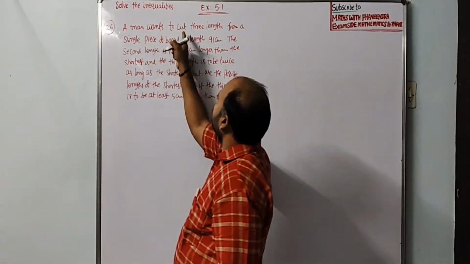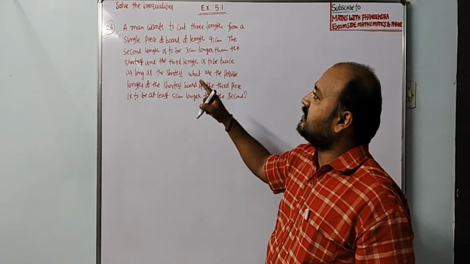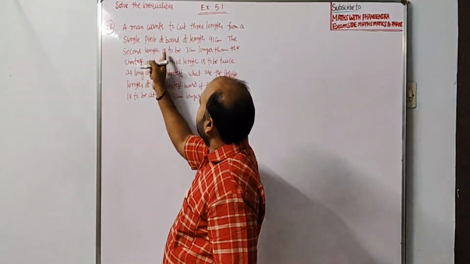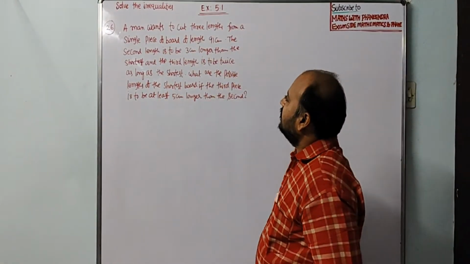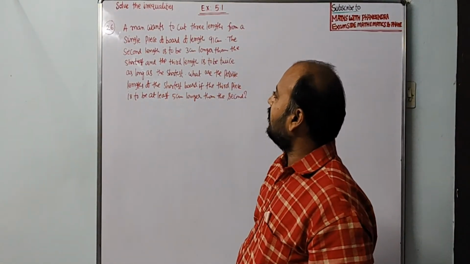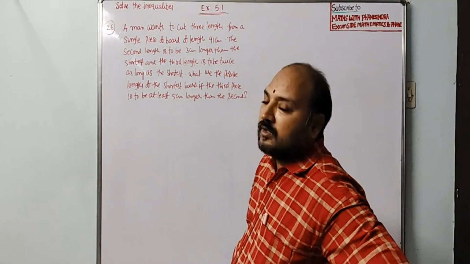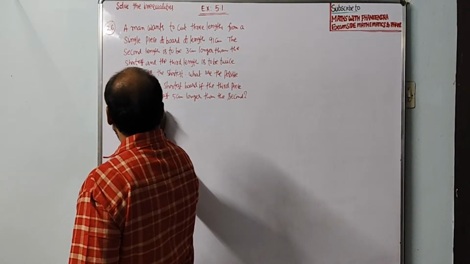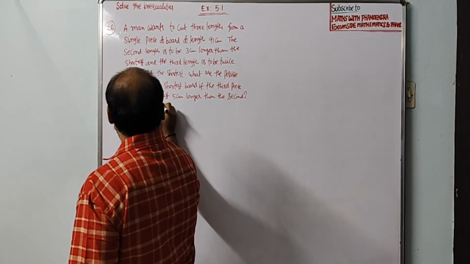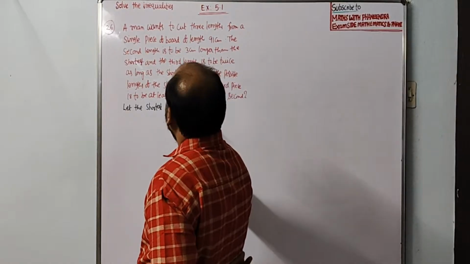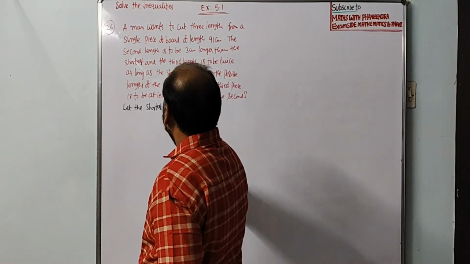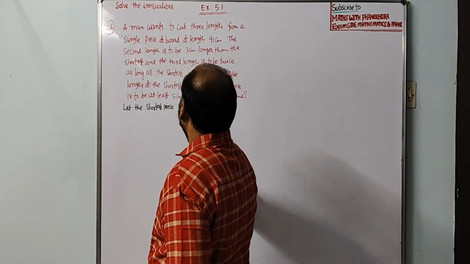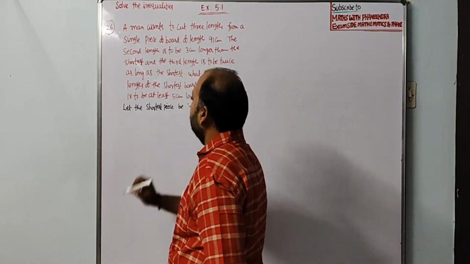A man wants to cut 3 lengths from a single piece of board of length 91. The second length is to be 3 centimeter longer than the shortest. That means let the shortest piece be x centimeter.